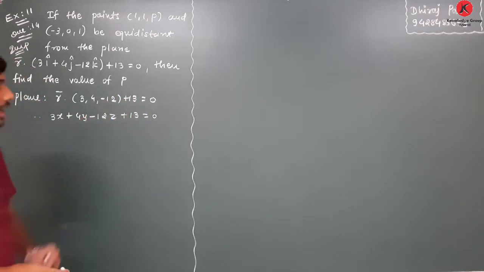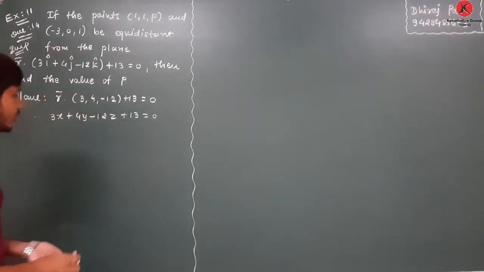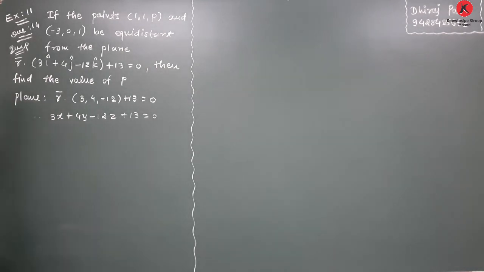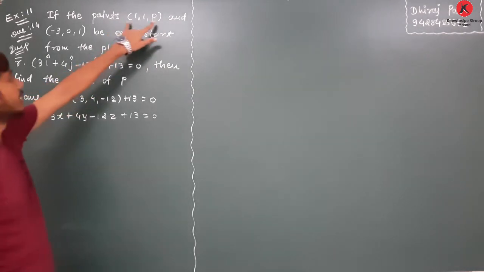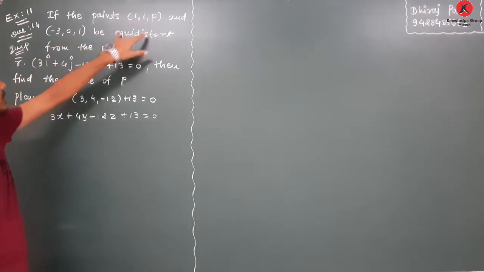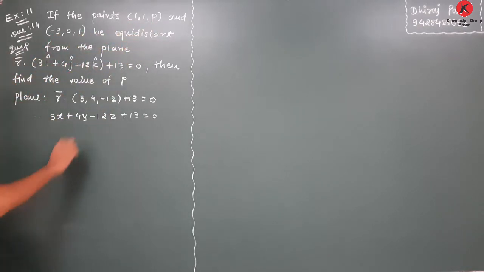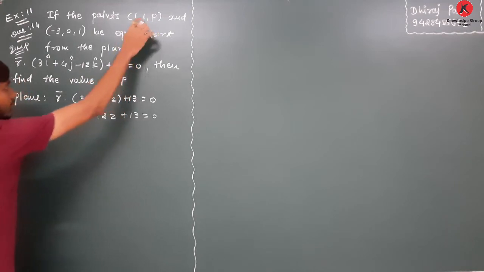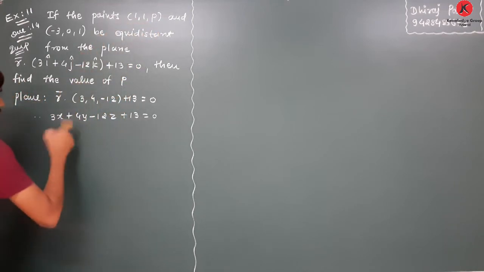This is the Cartesian equation of your plane. Now it is given that we have to obtain the distance from this point and this point. First of all, obtain the perpendicular distance from this point to the plane.